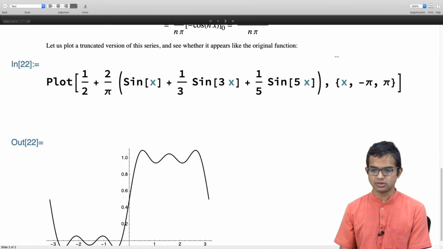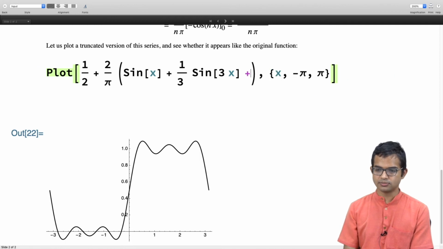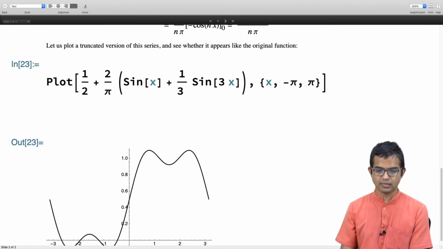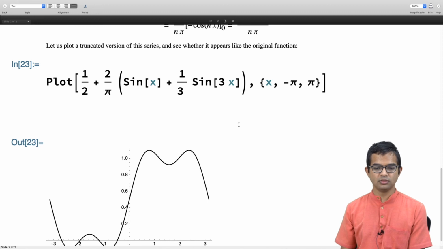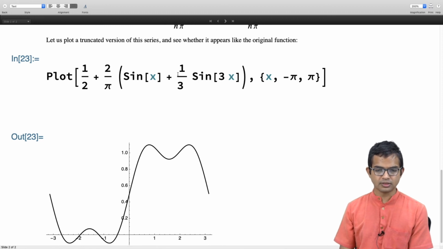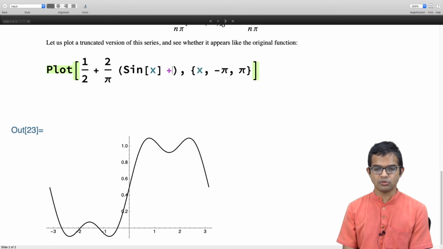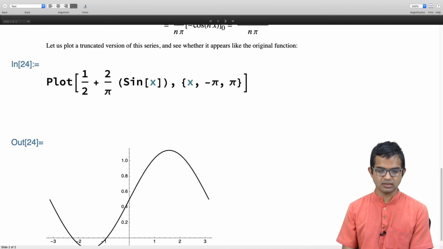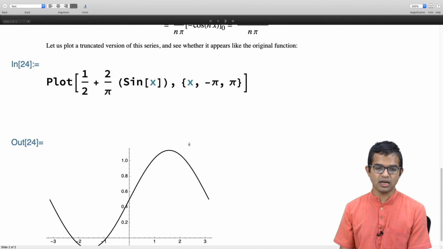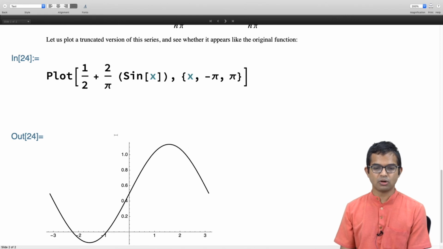Let's remove one more term. It's decent, considering that you have just kept 3 terms in this infinite series, and it's able to mimic your overall function. Let's see what happens if I remove one more term. That's just the sine. It's not great, but the broad properties are in there.